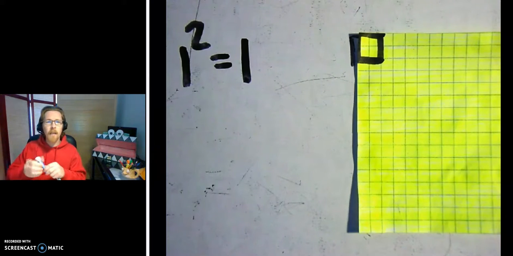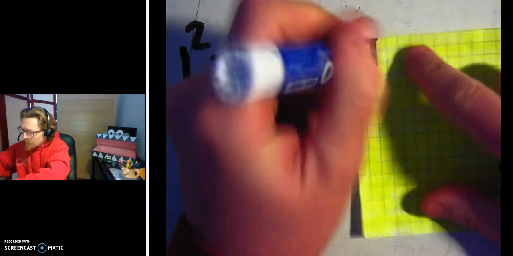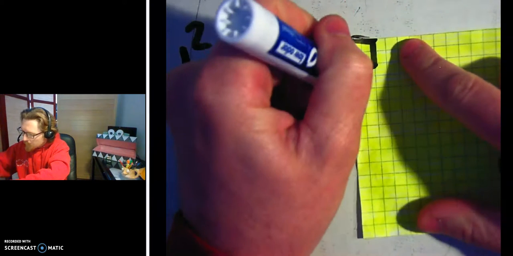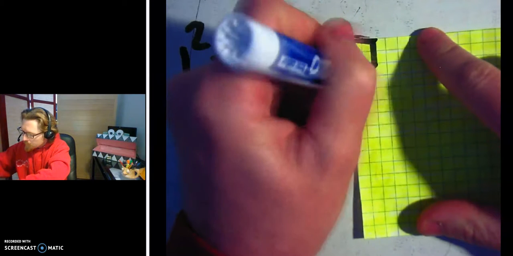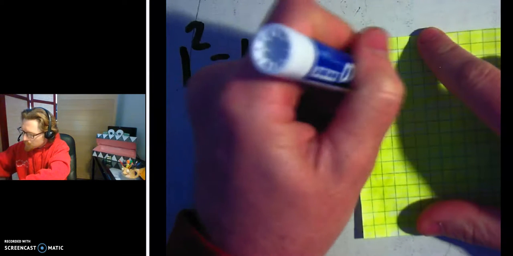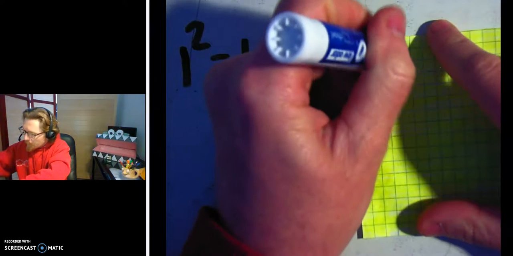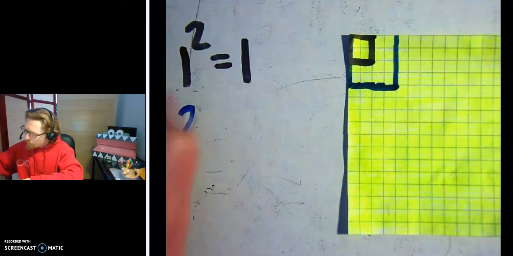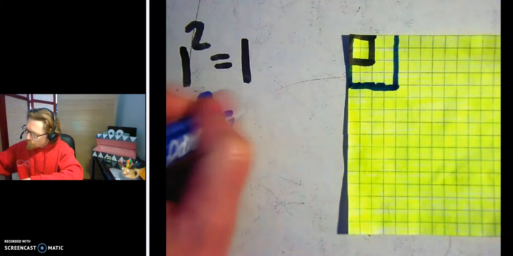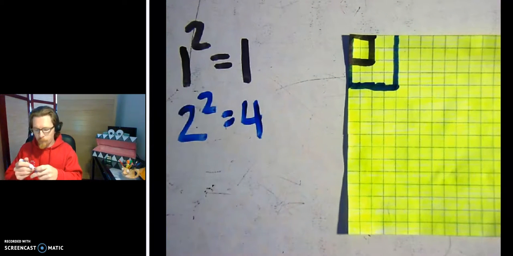Now I can extend that if I instead go down 4 blocks, which will count as 2, and I go over 4, what I have is another square. This square is 2 by 2, so we'll say 2 squared, and I get 4.